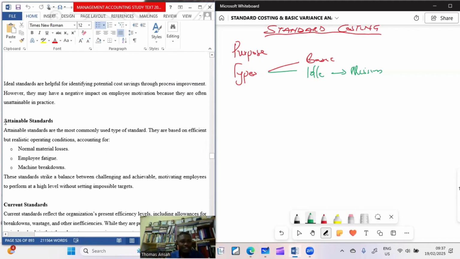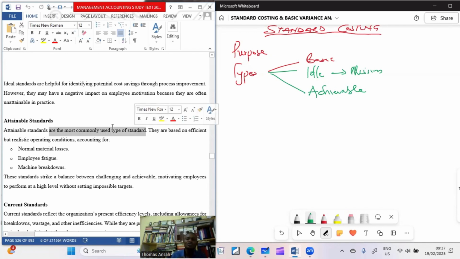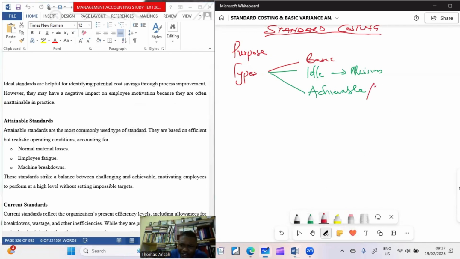Then we have the attainable standards. All right. So we are talking about the achievable ones. We call it the attainable standards. We are looking at the most commonly used standard. Why? Because it must be realistic.